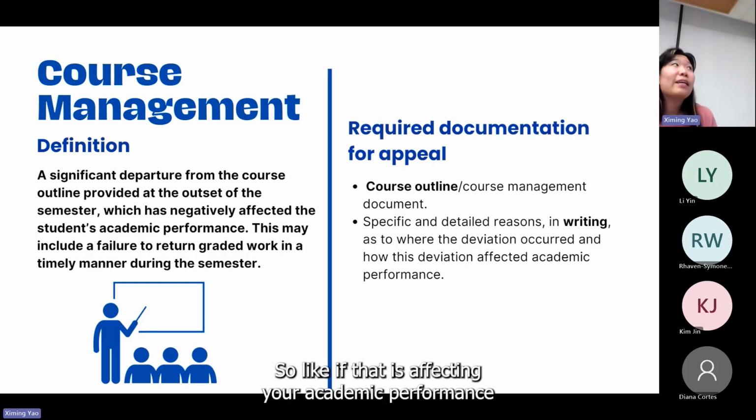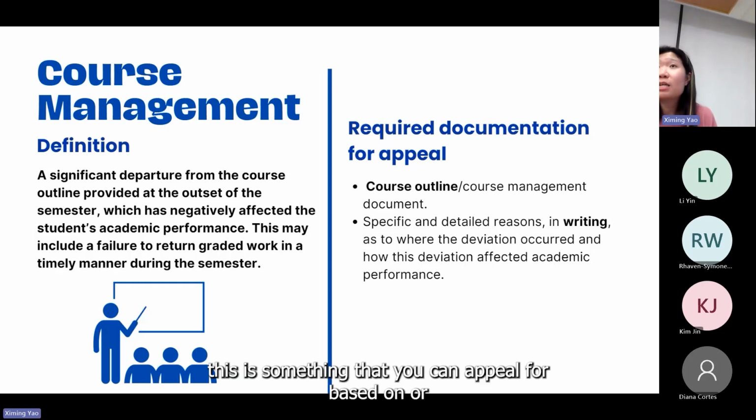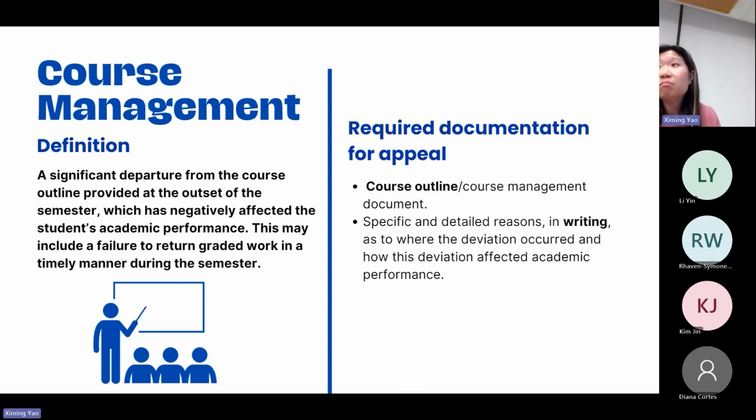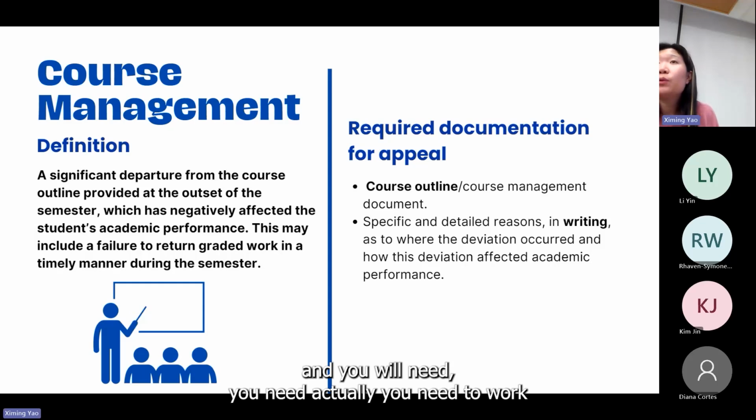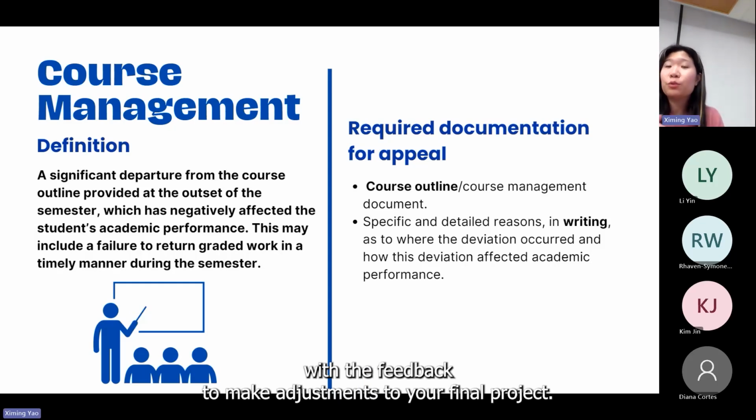So if that is affecting your academic performance, this is something you can appeal on. Or for example, in situations where your professor did not return your graded work on time, and you need the feedback to make adjustments to your final project.